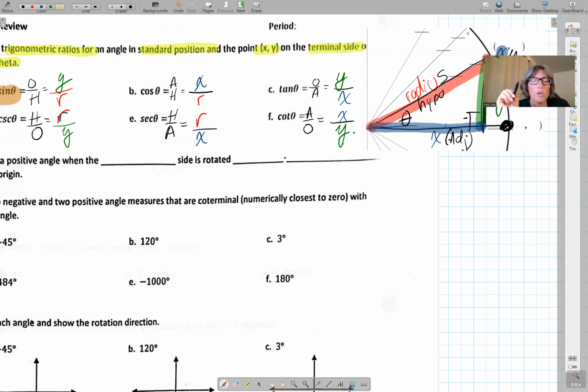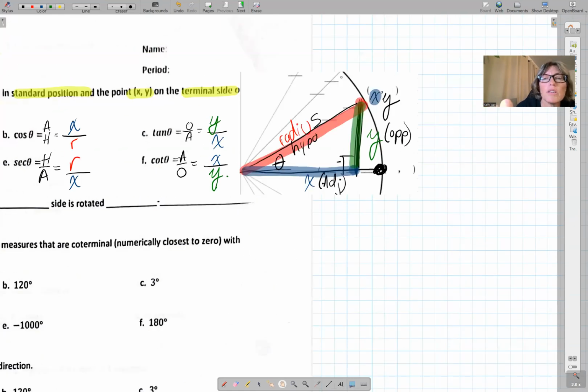So when it talks about a terminal side, or terminal point, it's the point on the unit circle, and your x coordinate is always going to be your cosine. Let me explain that a little bit here. When you have a unit circle, by definition, the radius is 1 because it's a one unit circle.